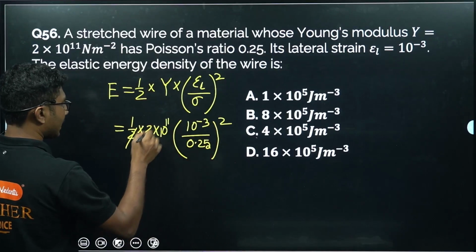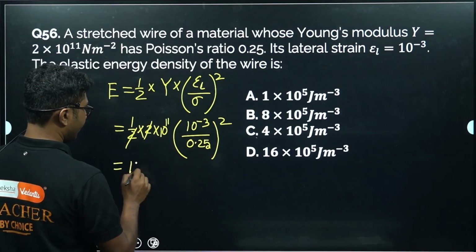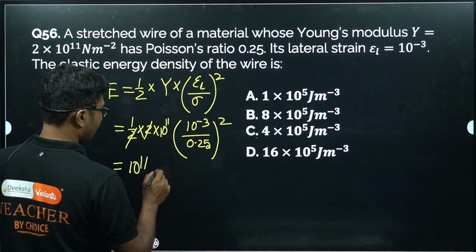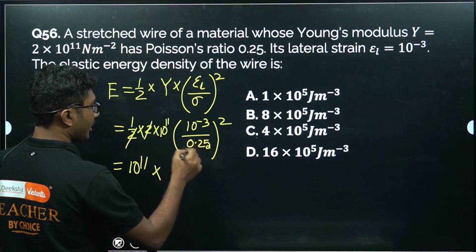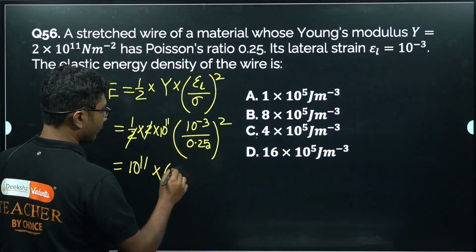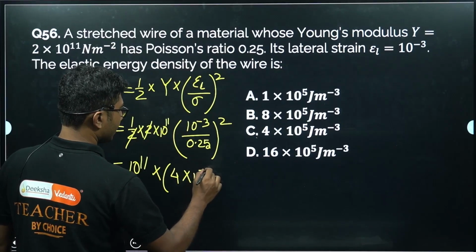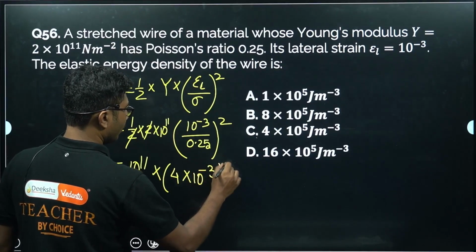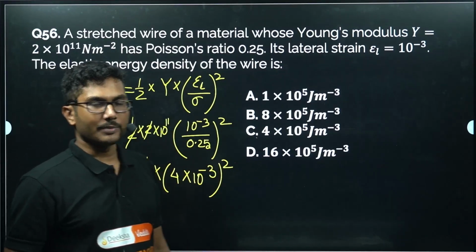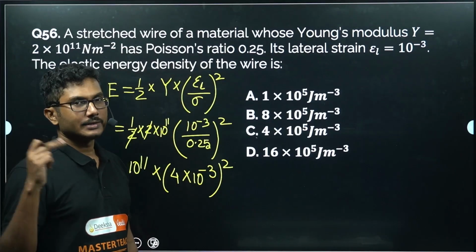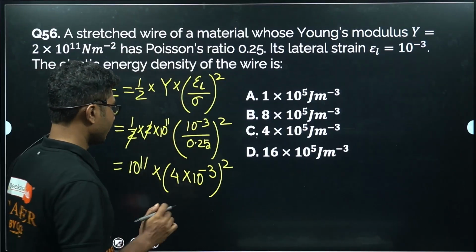Now this will cancel, will become 10 to the power of 11 times this 0.25 will go up and it will become 4, right, and this is 10 to the power of minus 3. I hope you know that 1 by 0.25 means 4. Okay, 1 by 4 is 0.25. Similarly, 1 by 0.25 is 4.